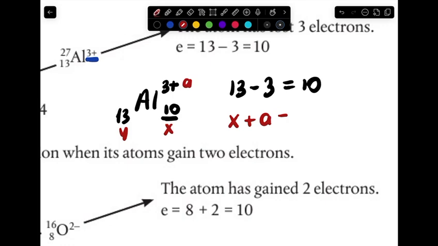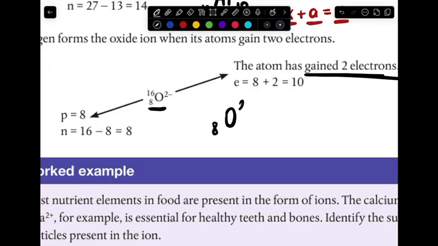Let's look at this example of oxygen. Normally when it was neutral, when its ionic charge was 0, it had 8 electrons, but right now it gained 2 electrons. So for oxygen, given the proton number and the ionic charge, with 2 electrons gained, what could be the electron number?